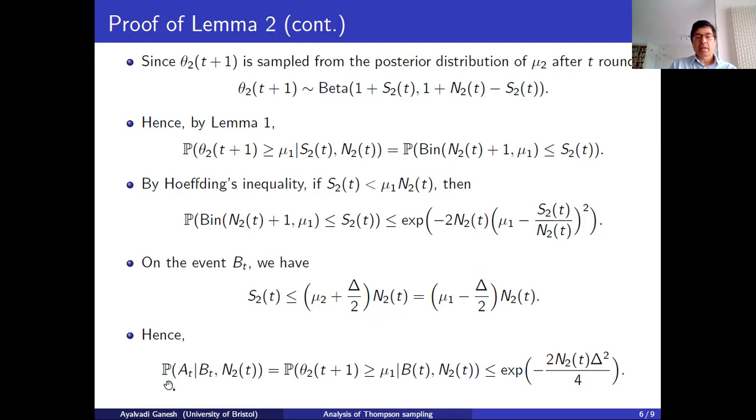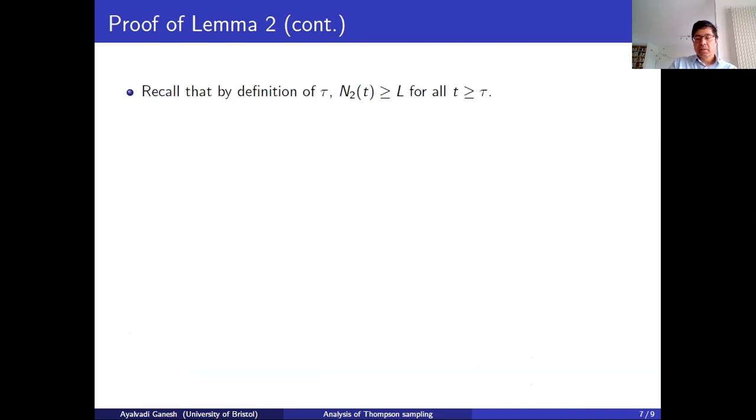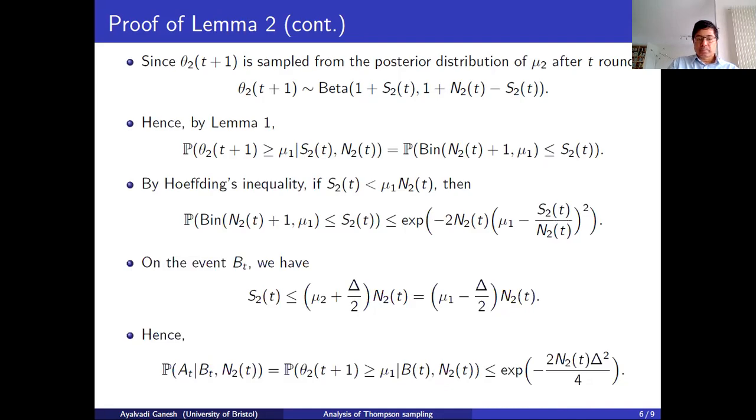So the conditional probability of At given N2t and Bt is at most e to the minus 2 N2t times delta squared over 4. That's just calculation. So we have a bound on the conditional probability of At given Bt and N2t.